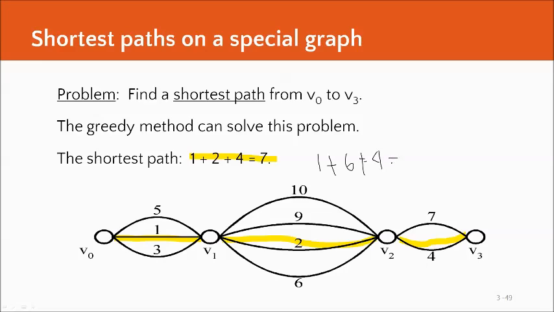If you sum it up, I will have 11. So again, look for the shortest path for this graph. The answer is from V0 to V1, I have 1. From V1 to V2, I have a weight of 2. And then from V2 to V3, I have a weight of 4. So this is again the shortest path, the lowest value.